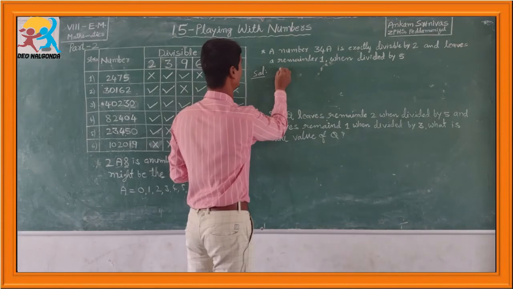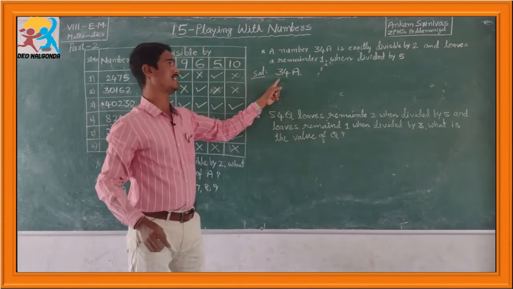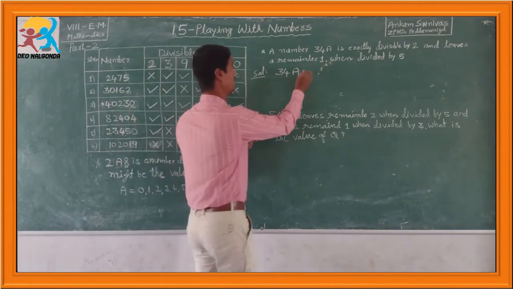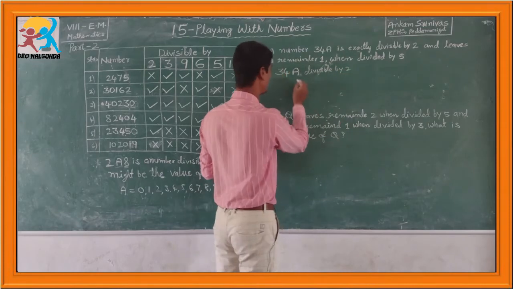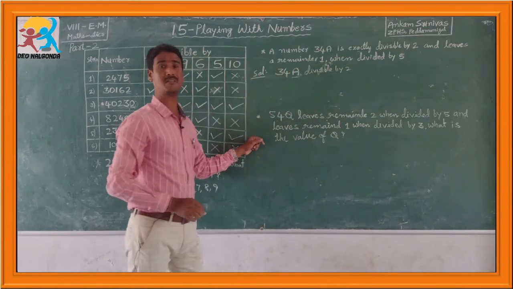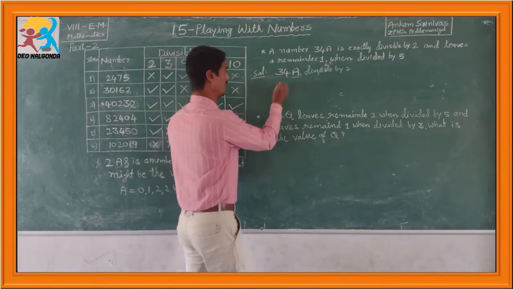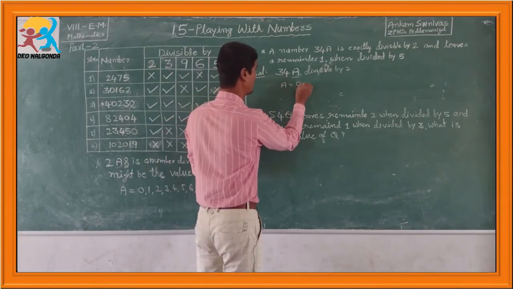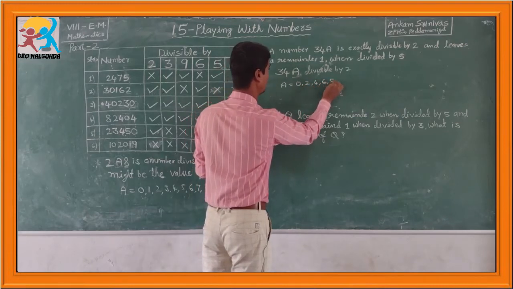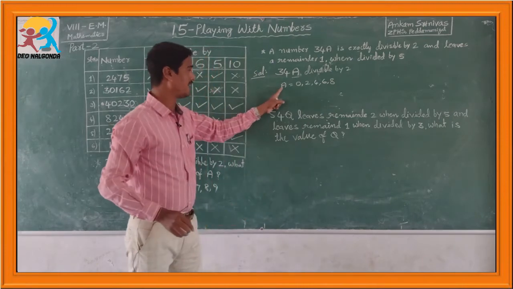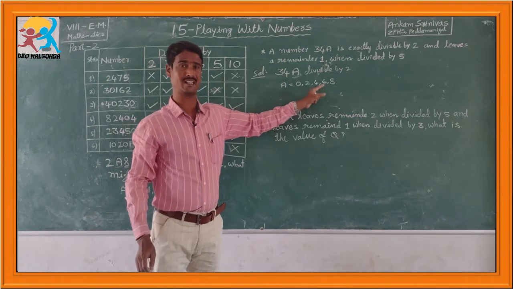What is the given number here? 3, 4, A. This number is divisible by 2. So by the divisible rule, the unit digit should be even. A may be 0, 2, 4, 6, 8.